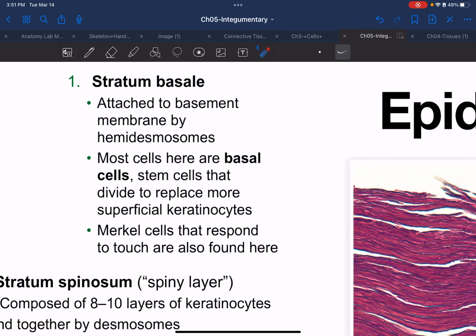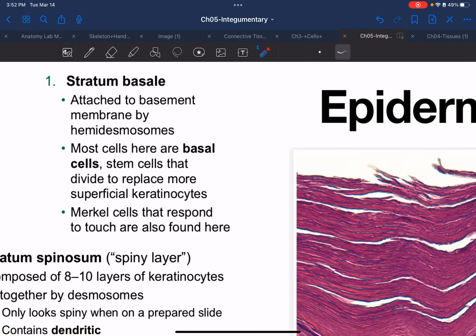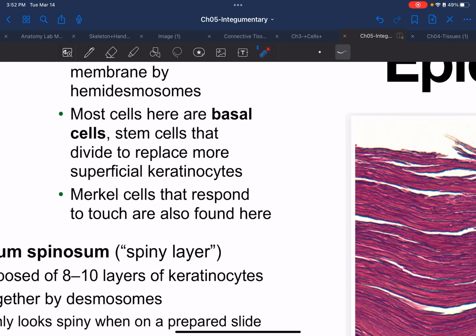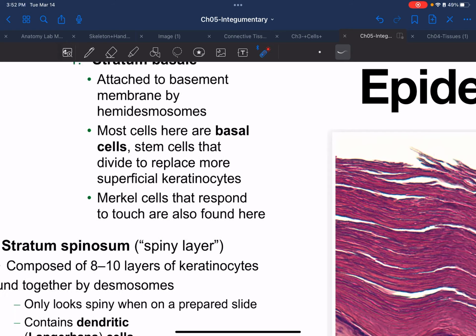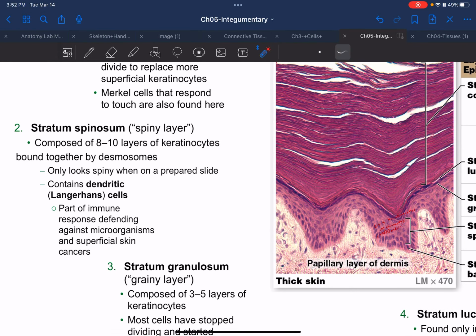In this context, you can see that this is our basement membrane, so our basal cells are clearly going to need hemidesmosomes to latch on to the deeper layer, which is the basement membrane. And that's the significance of these two statements. And lastly, we're going to see nervous tissues that go there, but don't worry about this. It comes up again with a better picture, so don't worry about it here.